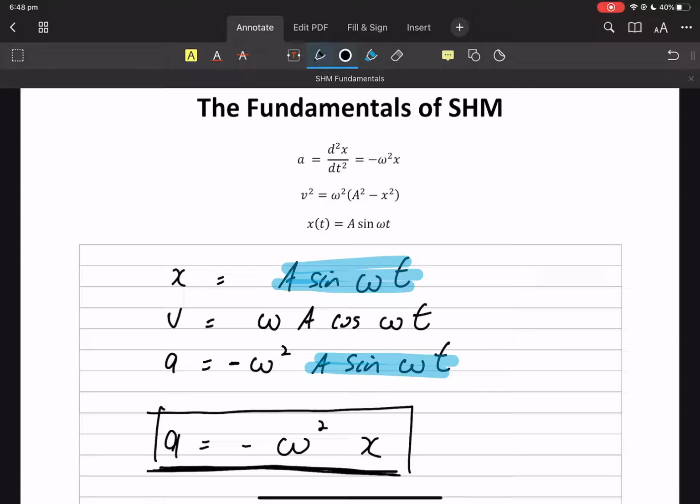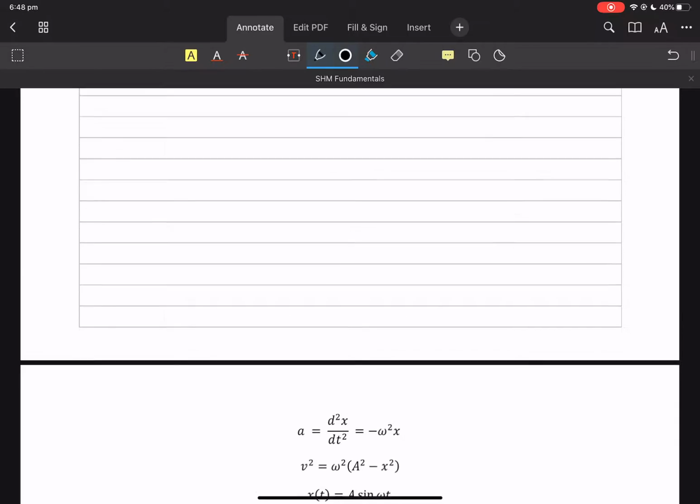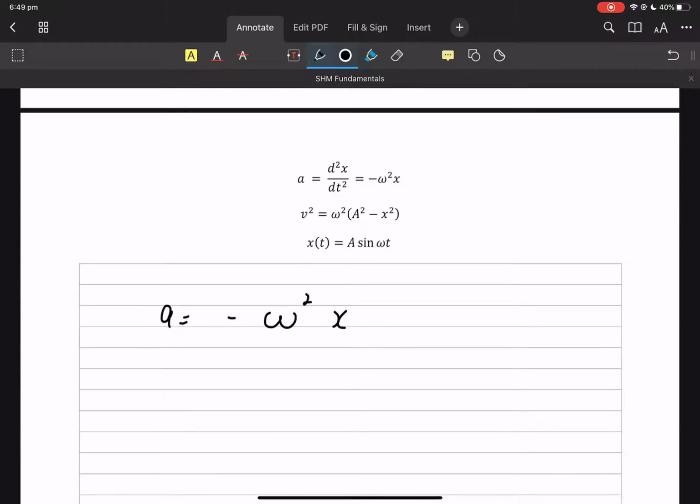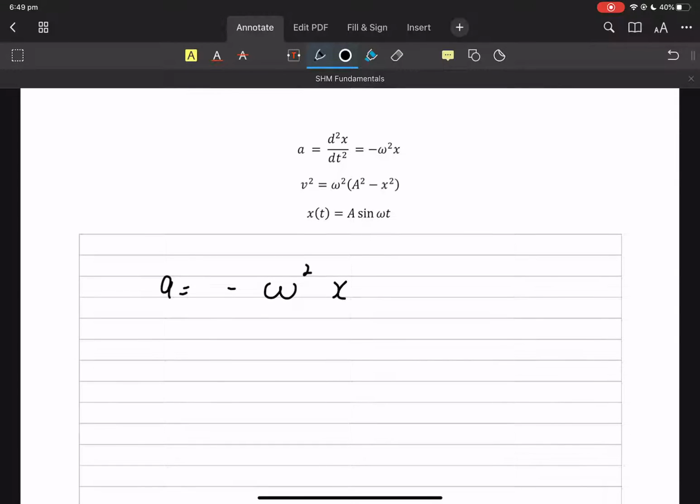And that's important. Okay. Let's go with that, with acceleration equals minus omega squared x, displacement.